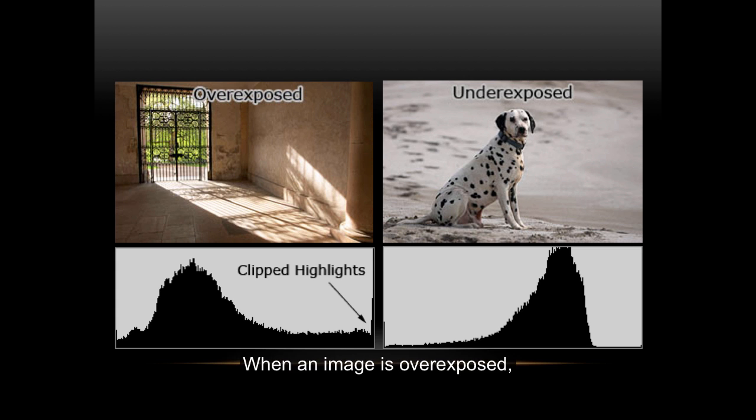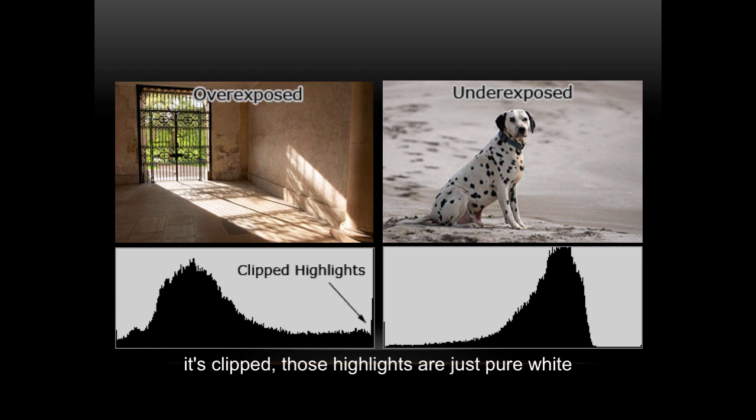When an image is overexposed, what happens is that you tend to lose detail. Detail can never be recovered when an area in a photo becomes so overexposed that it becomes solid white. Then there's no information in those pixels. It's what we call blown out, it's clipped.